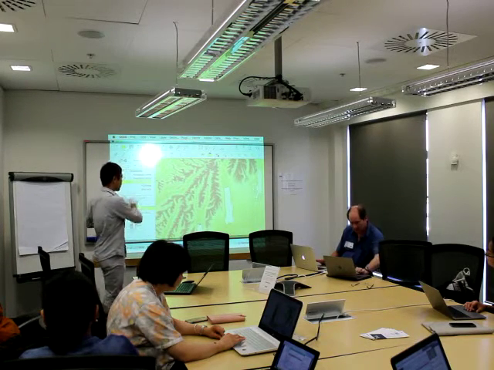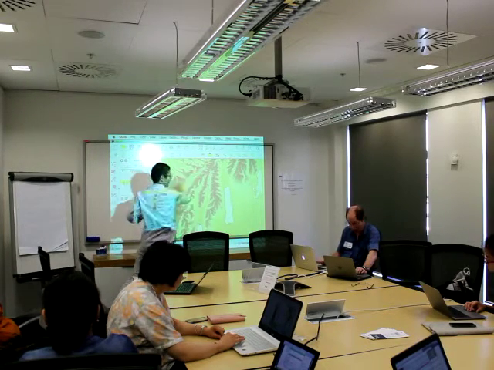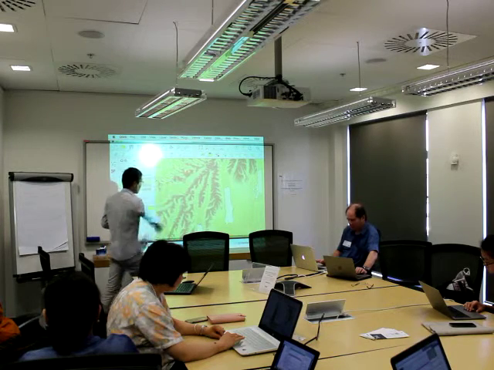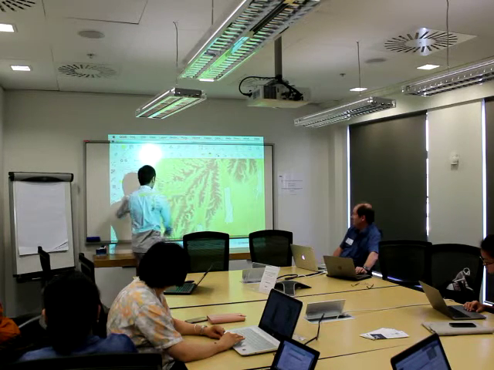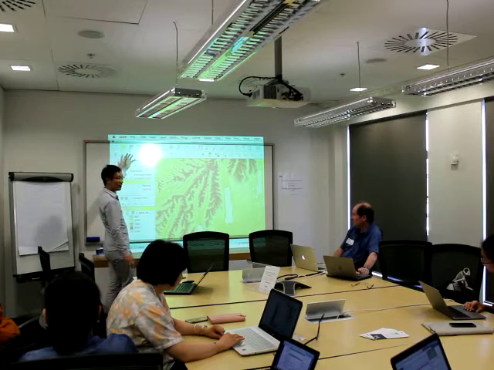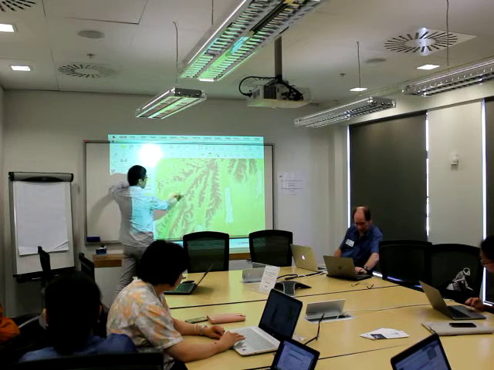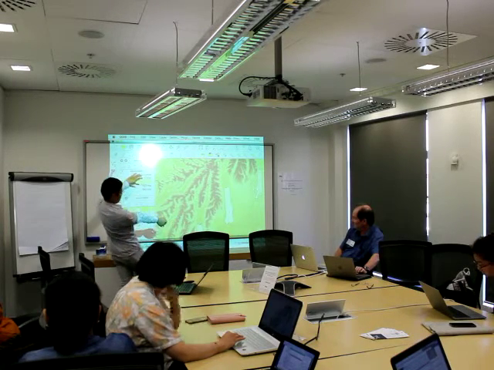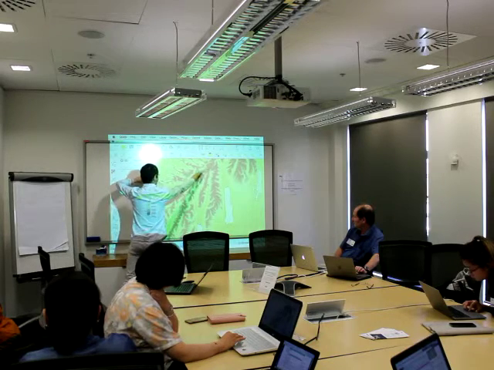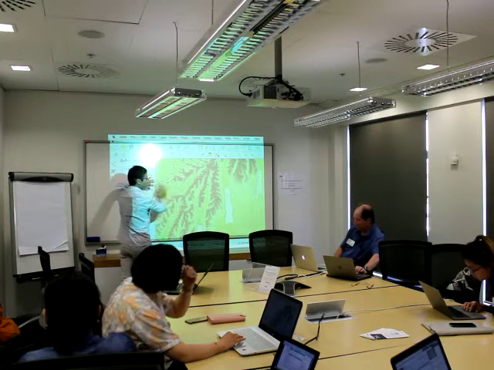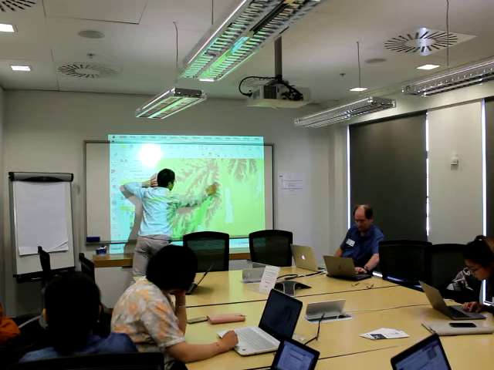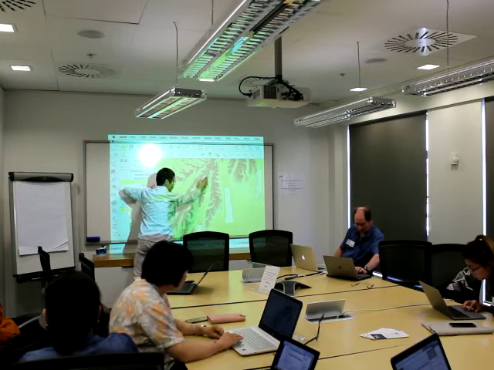And then we are trying to project light onto the terrain. If we put the sun here, then since these areas are mountains, a shadow will be casted on the eastern side of all the ridges and mountains.